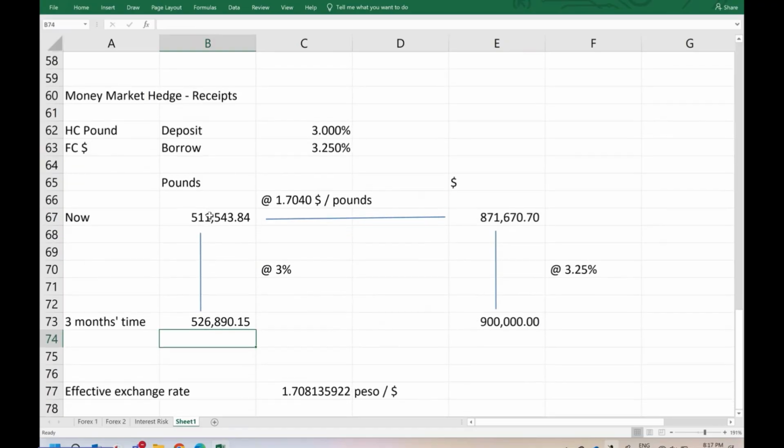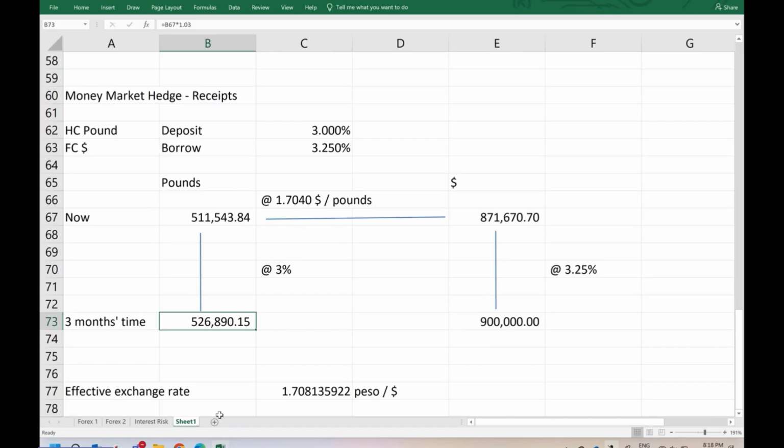No, this is not a payment. This is a receipt, right? If he asks you to tell which one is better, you will say, let's say he asks, first of all, what will be the receipt using the money market hedge? What will be the receipt using the forward rate agreement? And what is the best of them?